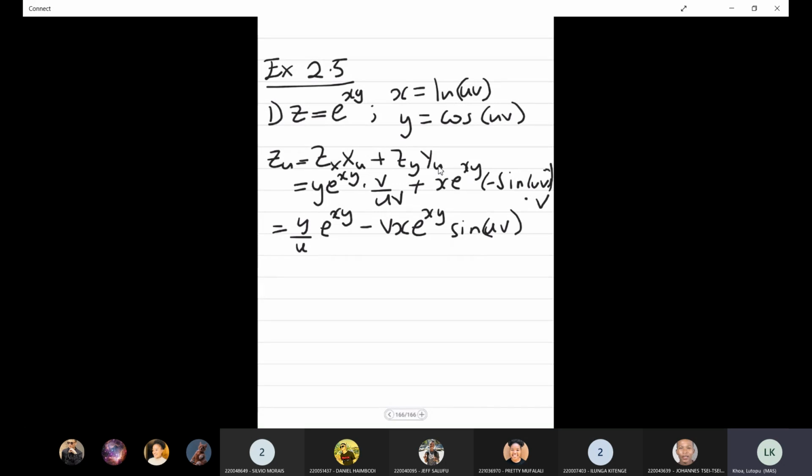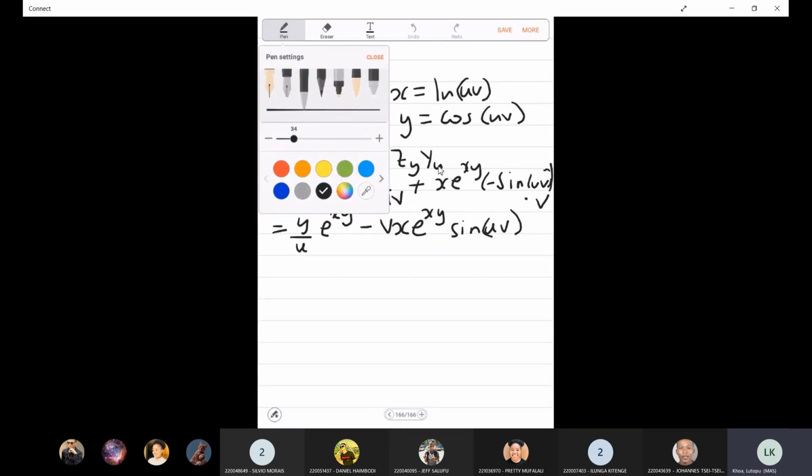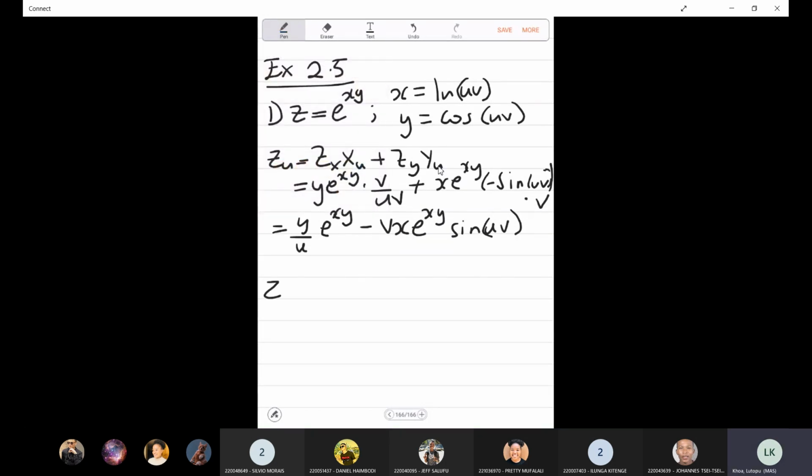So z with respect to v is z_x x_v plus z_y y_v. This z_x, we've already worked it out. It is this one here. So we just rewrite it: y e to the power of xy, and then x with respect to v.